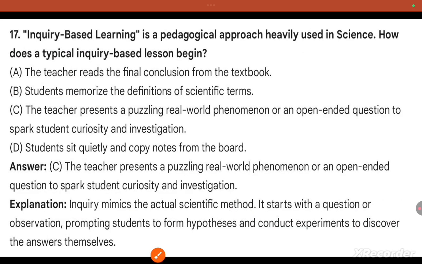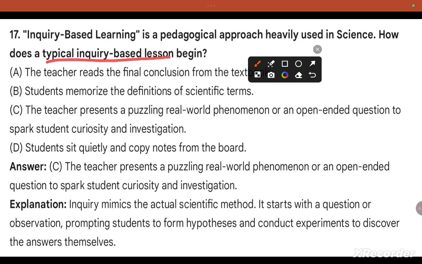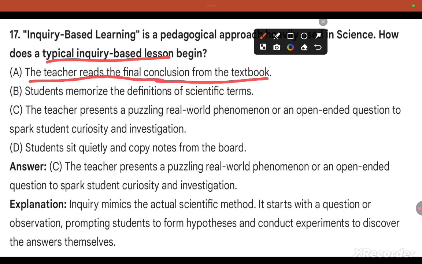Question number 17. Enquiry based learning is a pedagogical approach heavily used in science. How does a typical inquiry based lesson begin? A. The teacher reads the final conclusion from the textbook. B. Students memorize the definitions of scientific terms.